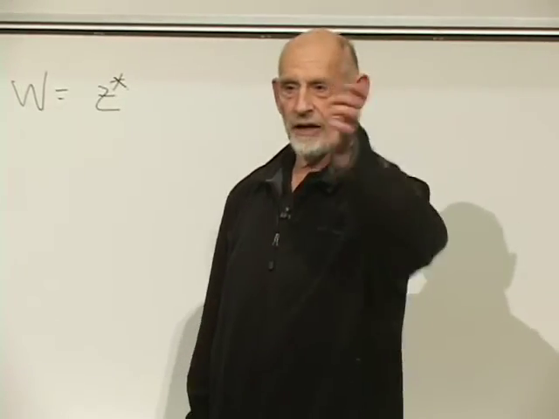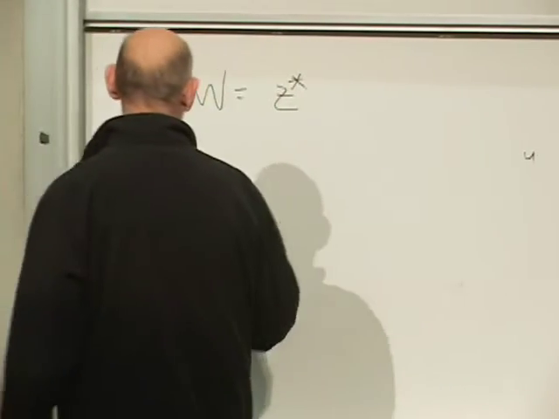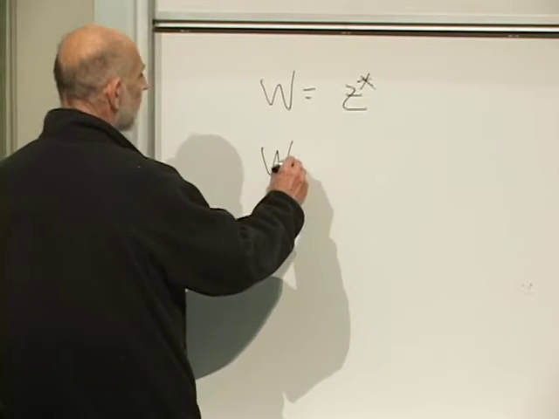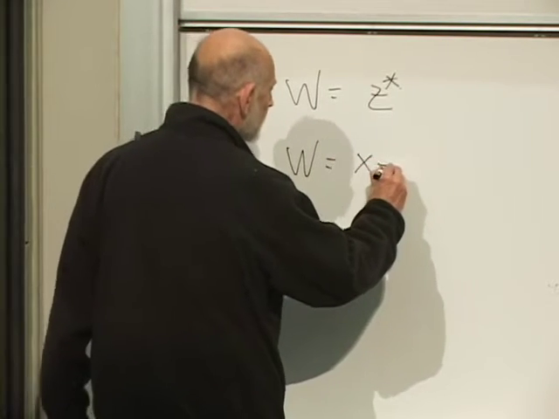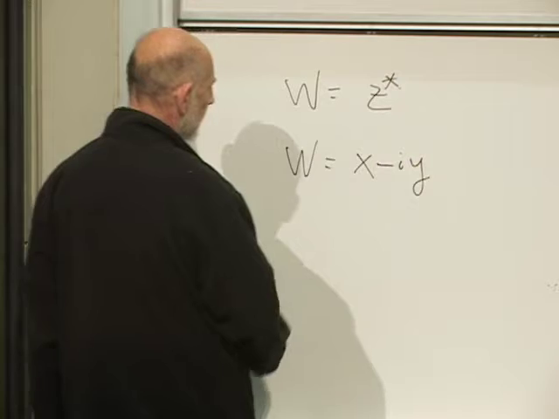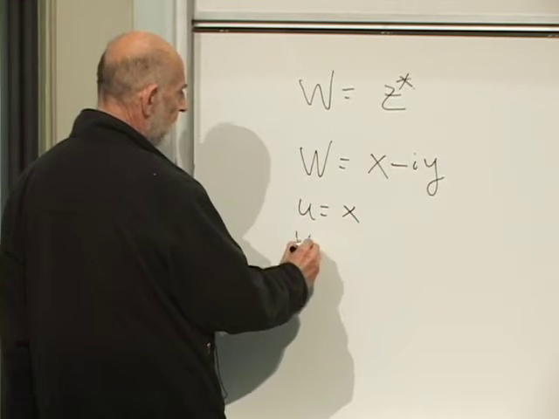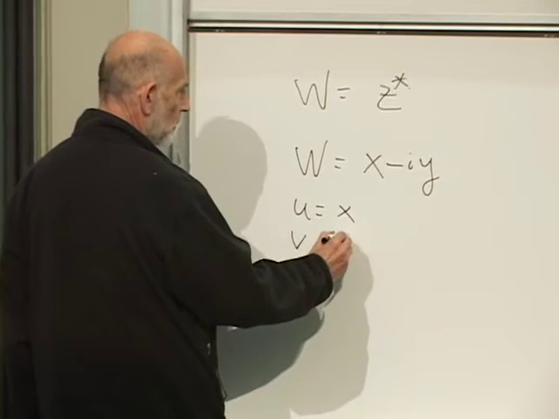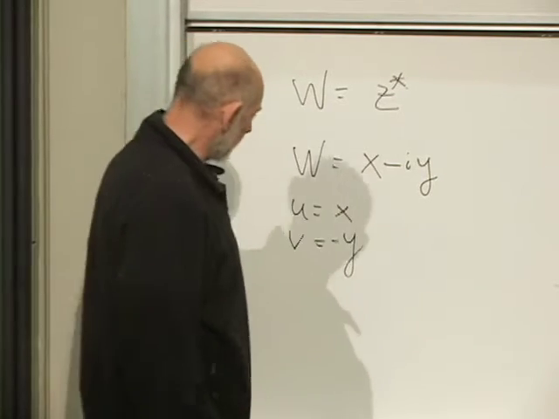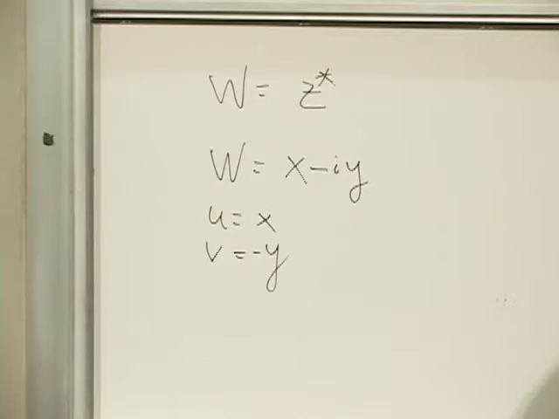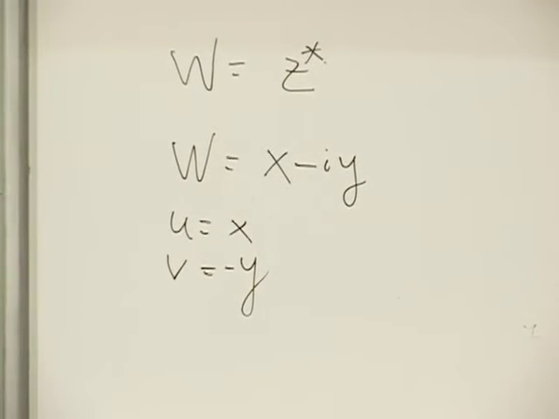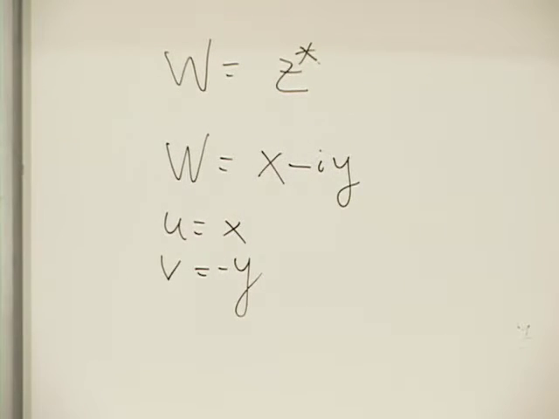You reverse the sign of the i. This would say that w is equal to x minus iy, or u is equal to x, and v is equal to minus y. I will leave it to you to prove that the Cauchy-Riemann equations don't work. You get a wrong sign.